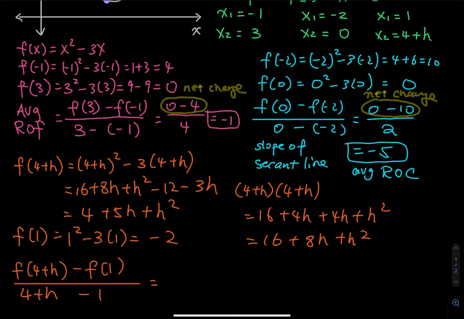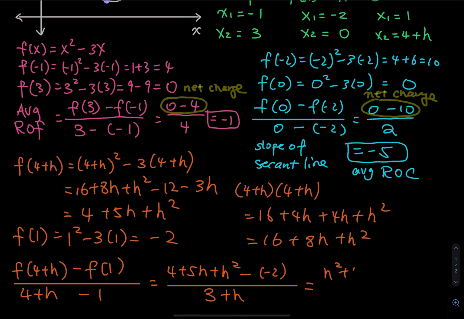So the top will be 4 plus 5h plus h squared minus negative 2. And the bottom, 4 minus 1 is 3, so this will be 3 plus h. And then 4 plus 2 is 6, so you have h squared plus 5h plus 6 divided by 3 plus h.